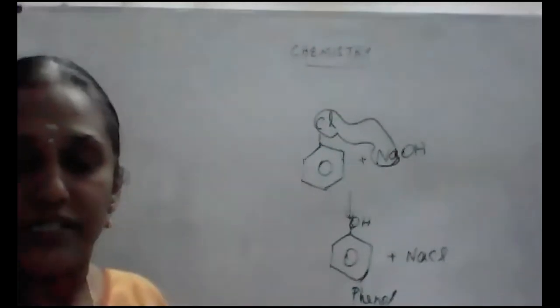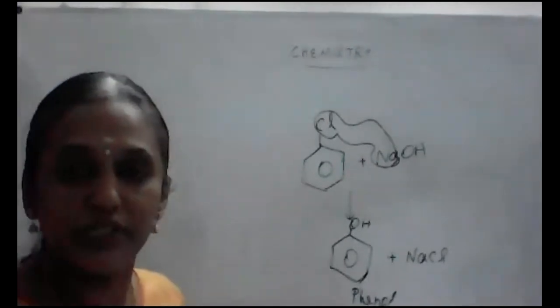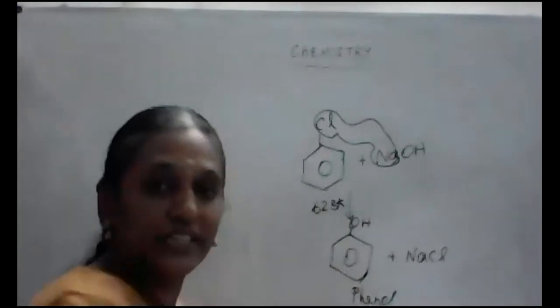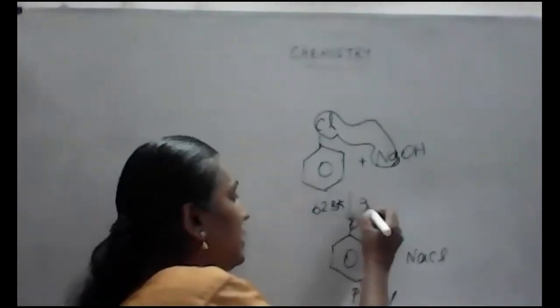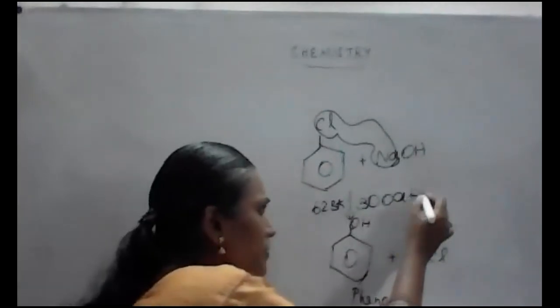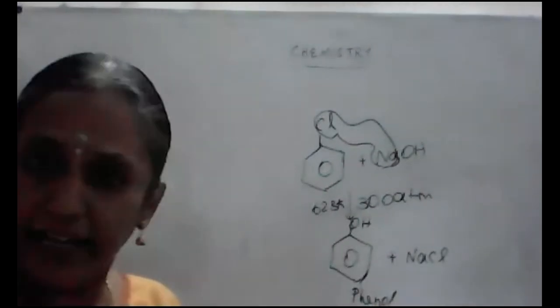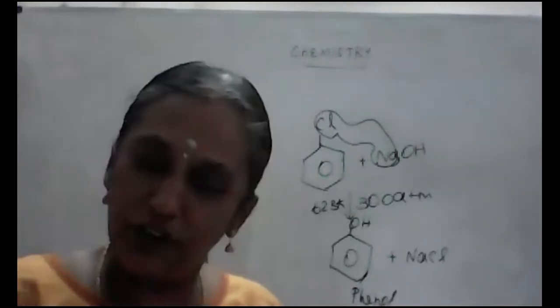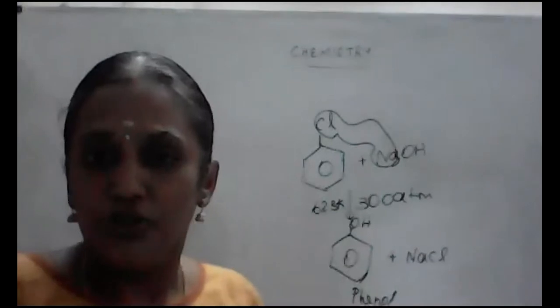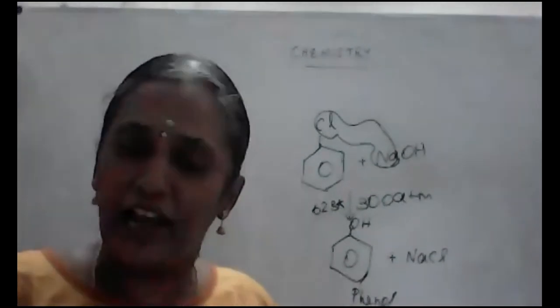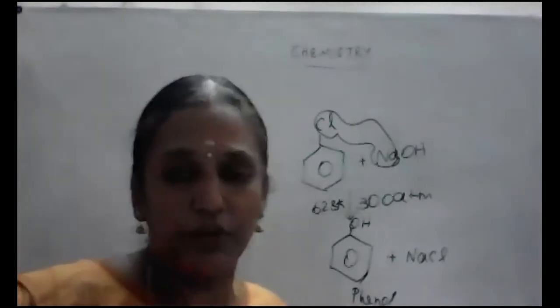But for this reaction to occur, we apply a high temperature of about 623 Kelvin and a high pressure of about 300 atmospheres. Why must we apply such high temperature and pressure? Actually, benzene is highly unsaturated because it has 3 pi bonds, so it must be highly reactive, and immediately I must get phenol and sodium chloride.